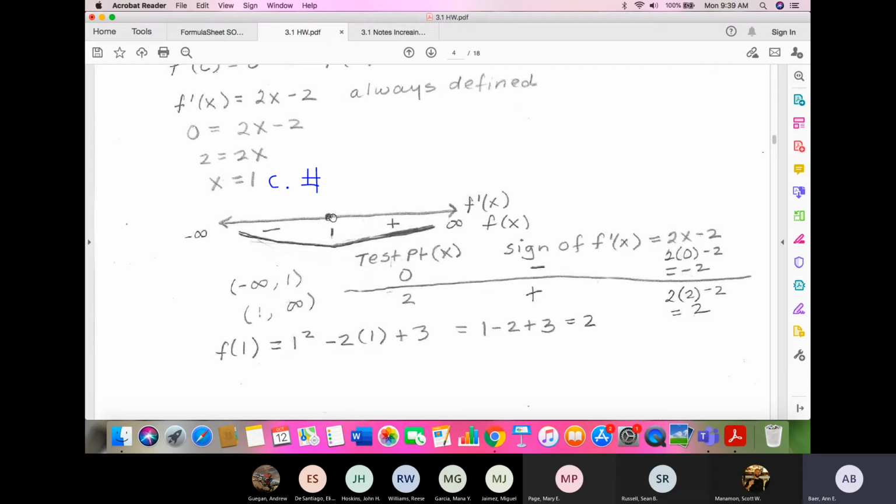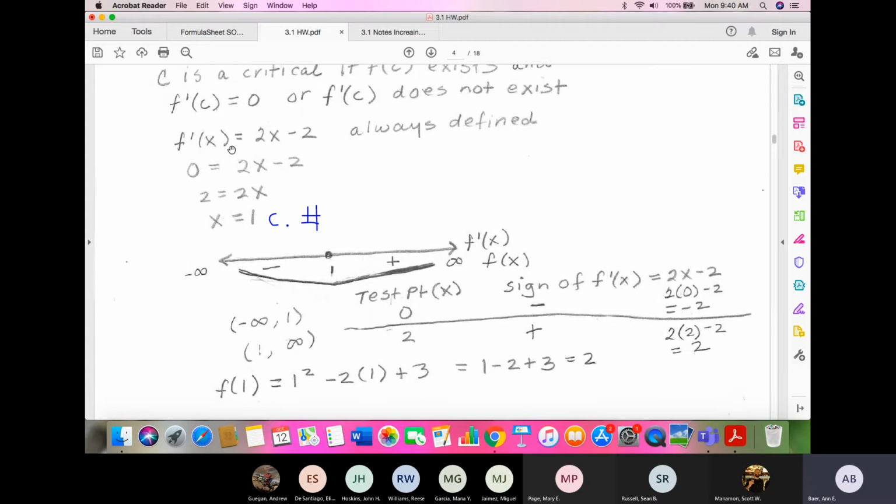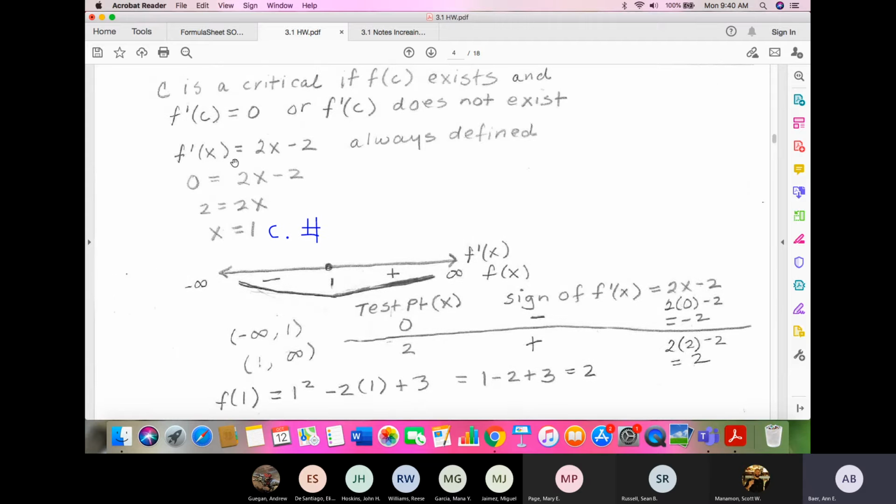At this stage, you're not going to have anything else in here, because this chart is really a first derivative chart. What we are putting on this graph is what's going on with the first derivative. We found that the first derivative is 0 at x equals 1. So I put it on the x-axis because that's where it's 0, but it's the x-axis for the first derivative.